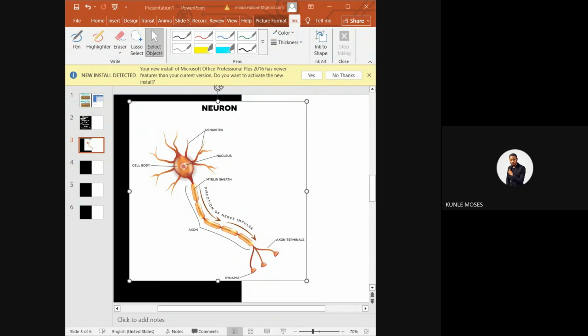This is the structure of the neuron, and I will use it to explain how the different parts of the neuron work together, and their specific functions. Let's start with the dendrites here.